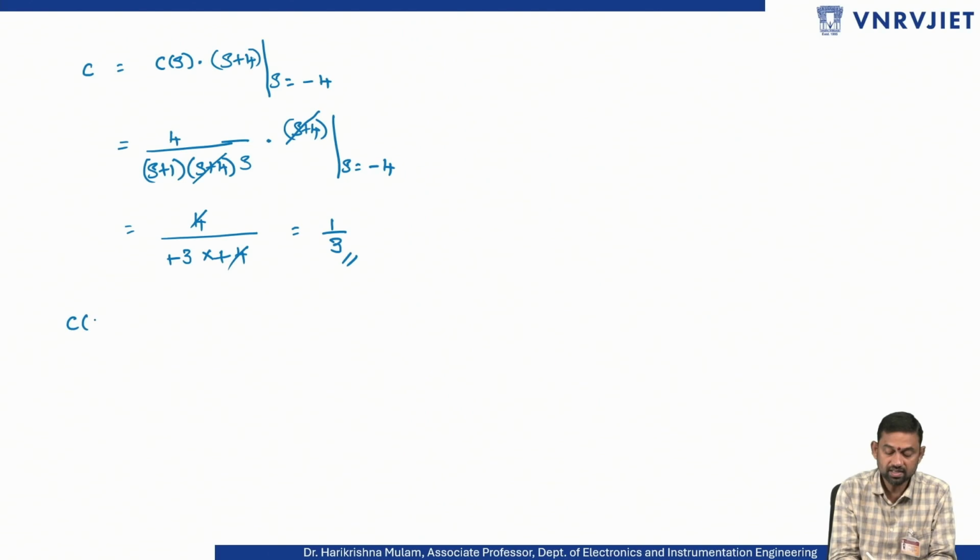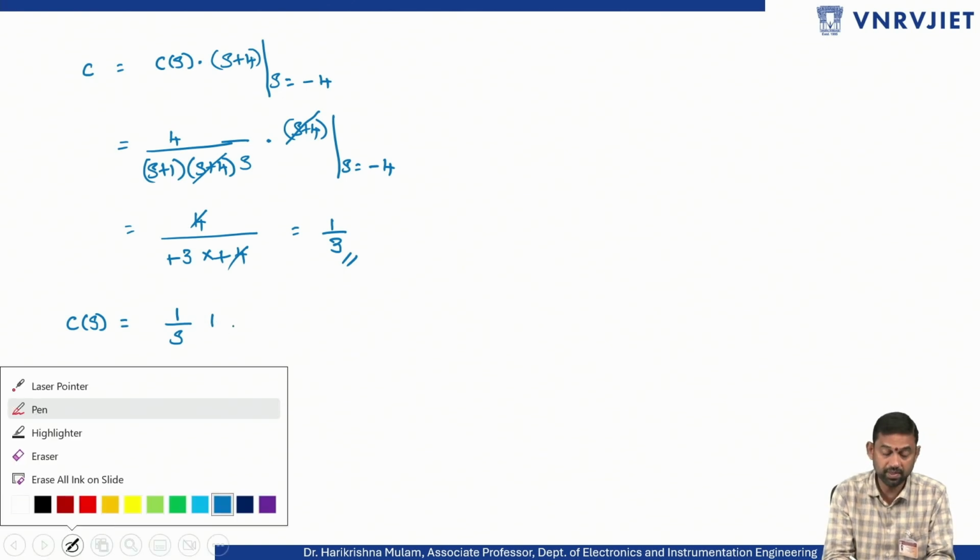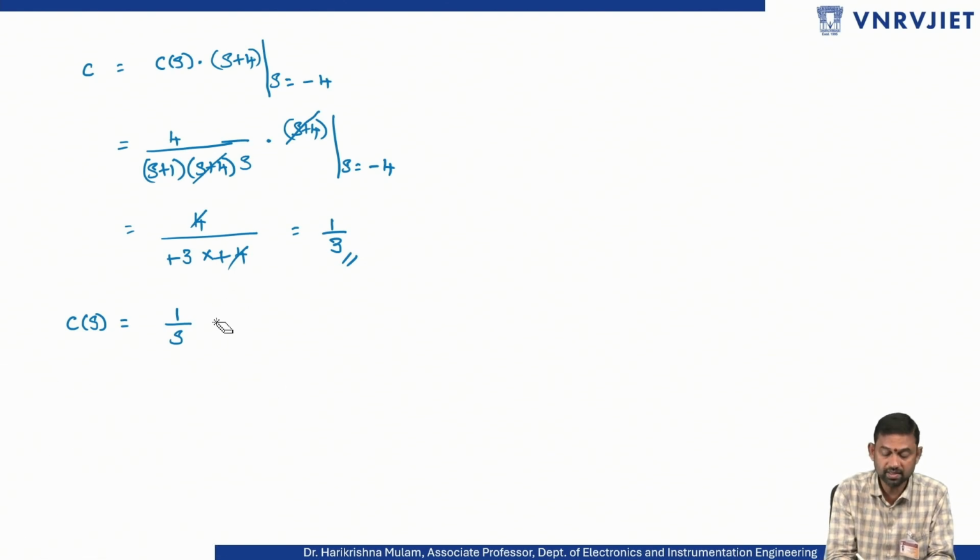Now we can write C(s) is equal to A by s, where you got the value of A as 1, so 1 by s, plus B, where you got B as minus 4 by 3, so minus 4 by 3 divided by (s plus 1), plus C, which is 1 by 3, divided by (s plus 4). So this is the expression for C(s).